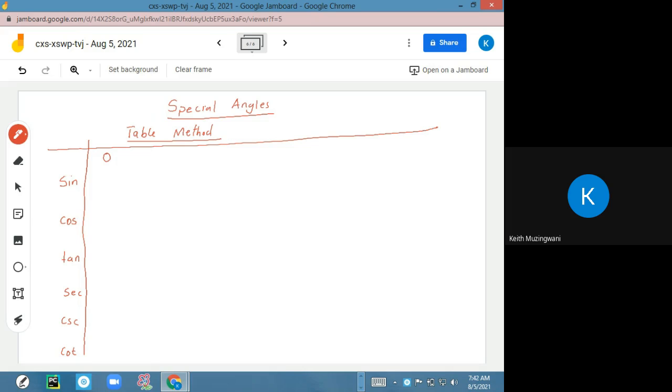Put 0 as an angle, 30, 45, 60, and 90. So now I want to know what sine 0 is, sine 30, sine 45, sine 60, sine 90. So you just start counting: 0, 1, 2, 3, 4. And then divide by 4 throughout.